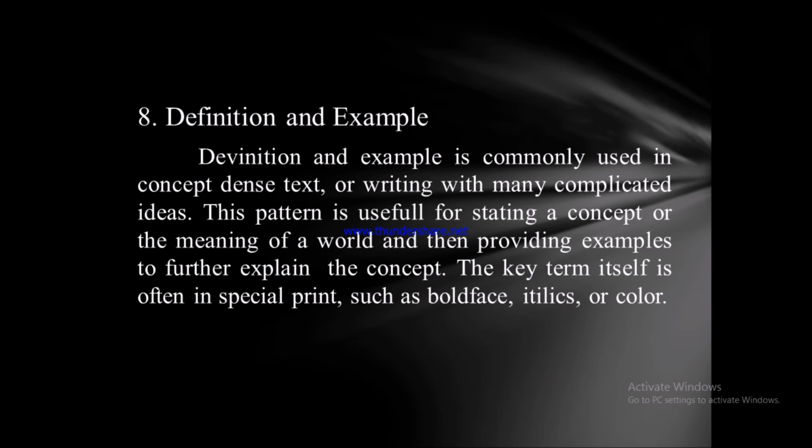Definition and example is commonly used in concept-dense text or writing with many complicated ideas. This pattern is useful for stating a concept or the meaning of a word and then providing an example to further explain the concept. The key term itself is often in special print such as boldface, italic, or color.